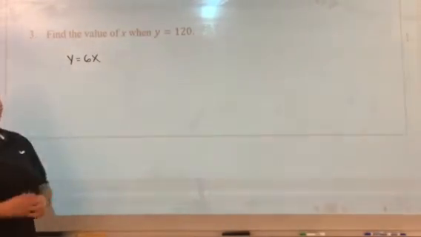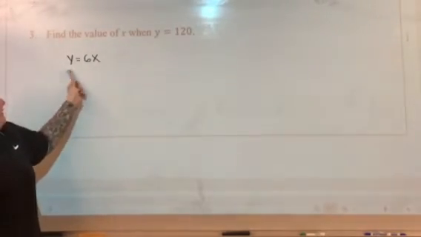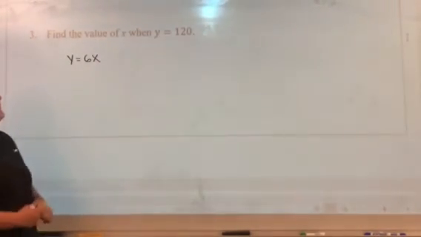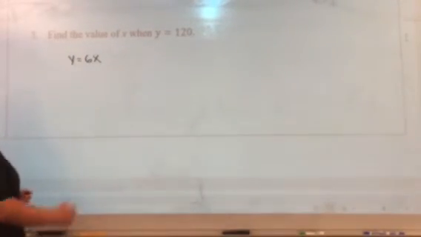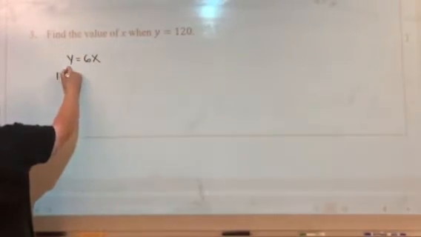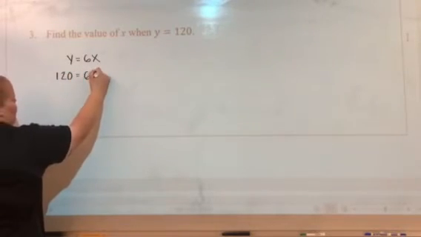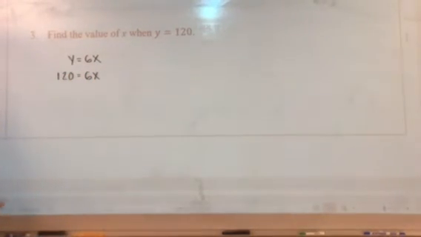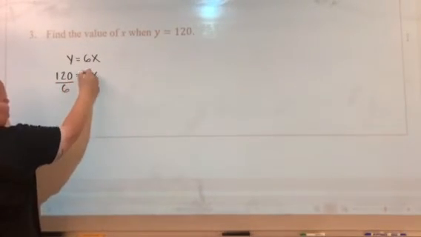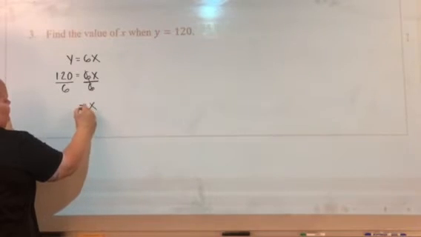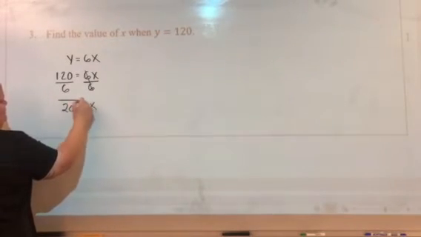Now it wants me to find the value of x when y is 120. We're going to solve for x by dividing both sides of the equation by 6. X is going to equal 20.